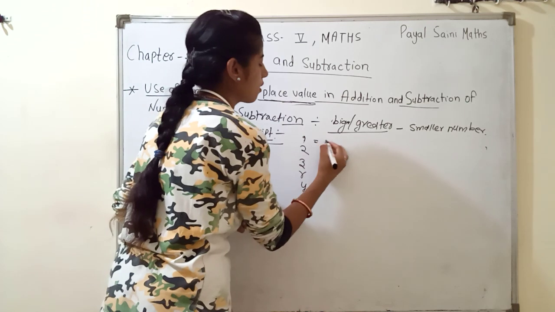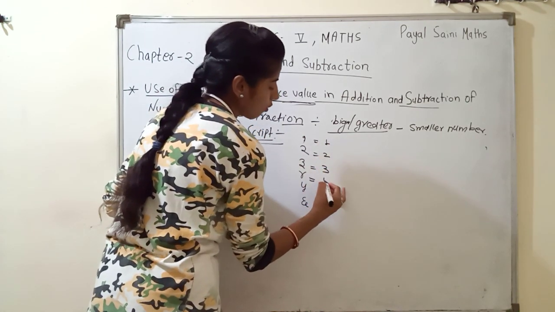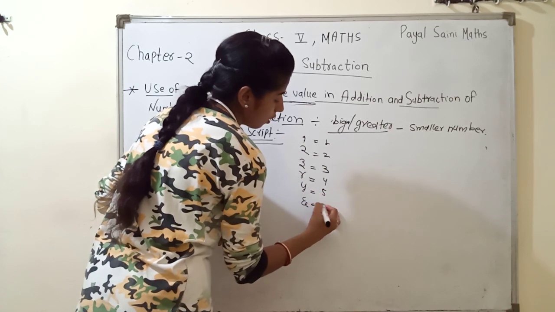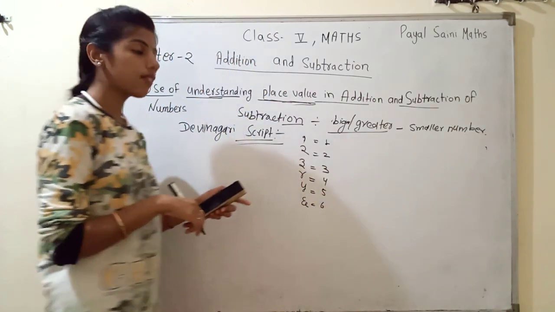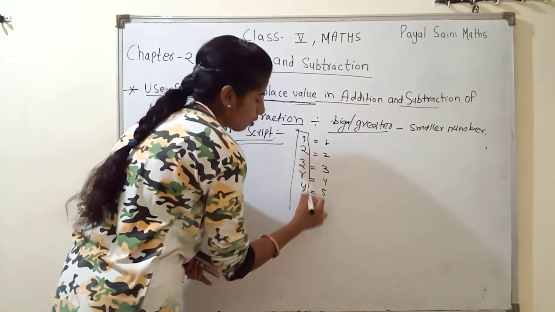If we know the symbol of 1, the symbol of 2, 3, 4, 5, 6, like that we write. If your question comes out like that, then how do we solve? It's also simple.